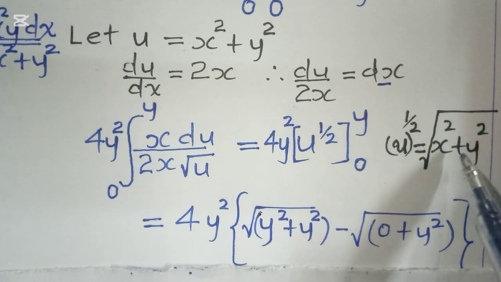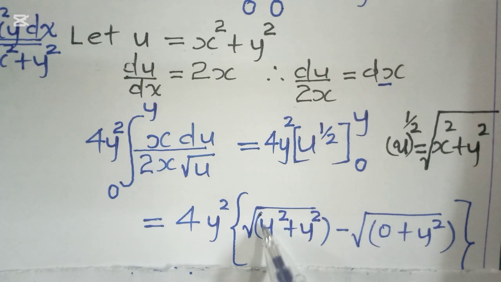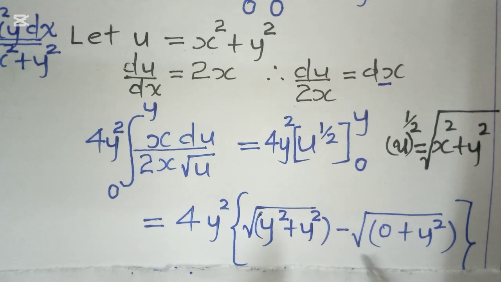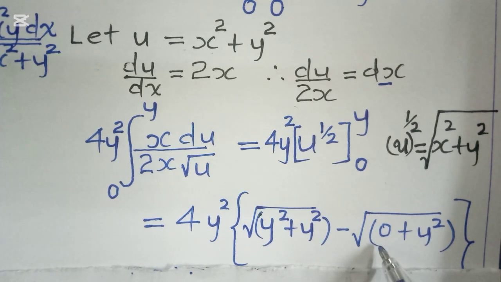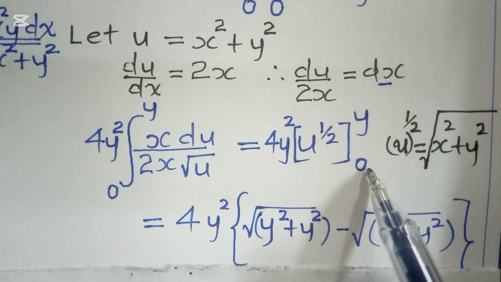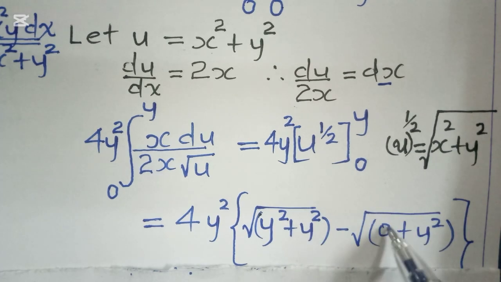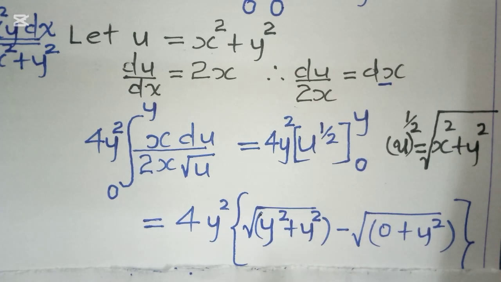And so, therefore, we are going to have here the square root of y squared plus y squared, minus, in the lower limit we have 0. So in the place of x, this x we put 0, and this y will remain.